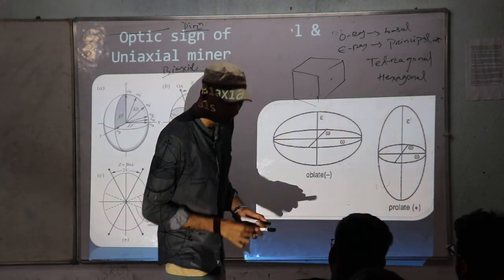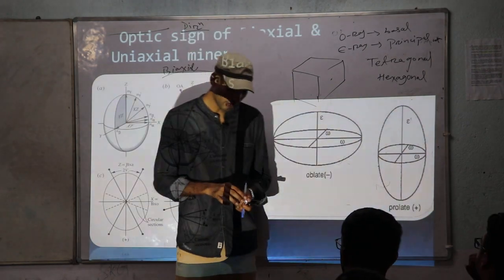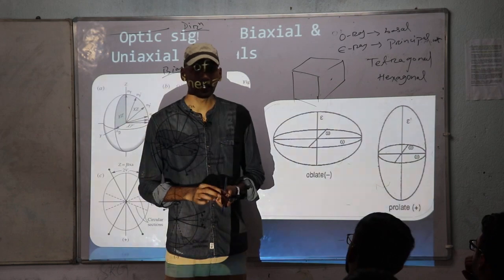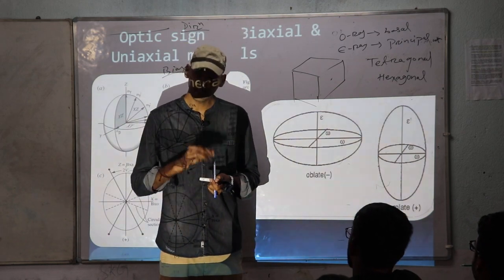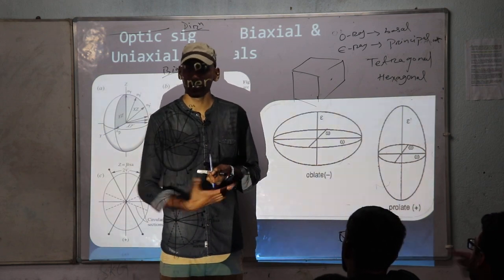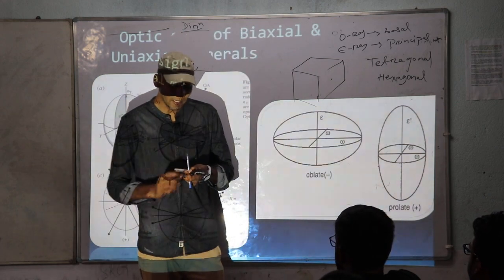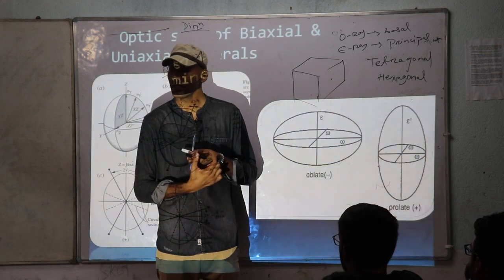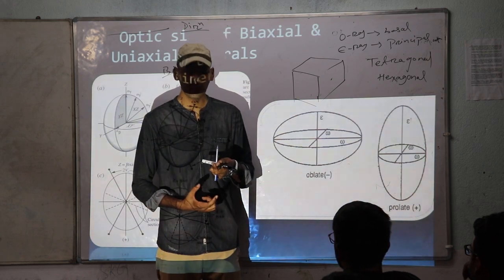So you can see here what I have told. I have to put the refractive index in different directions. Let's say this is the C axis, this is B, and this is A. A is front to back, B is right to left, C is up to down. So these are 3 axes. If I take the refractive index in each direction for an isotropic mineral, what will happen?